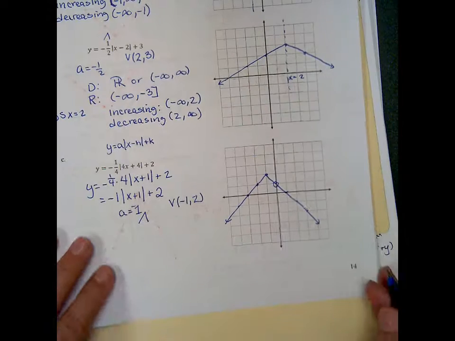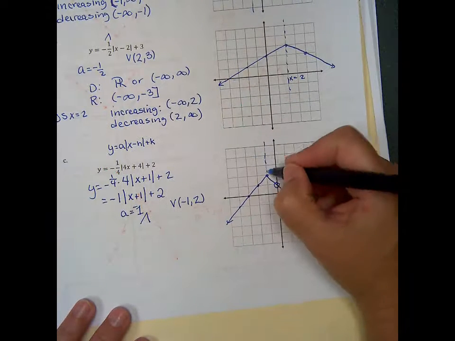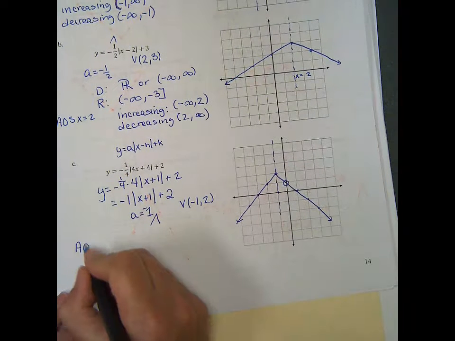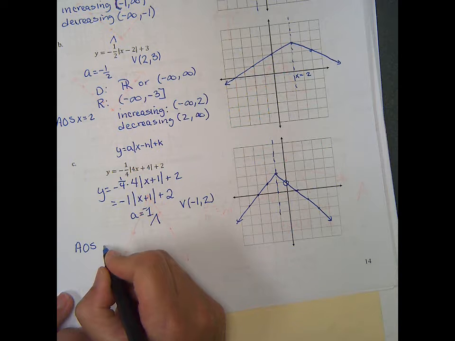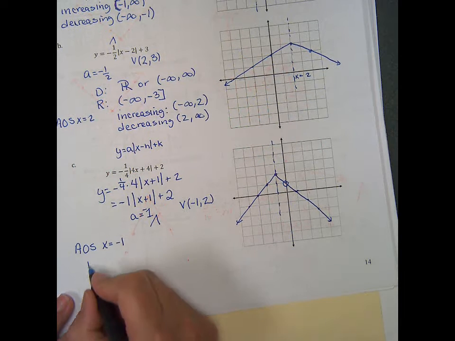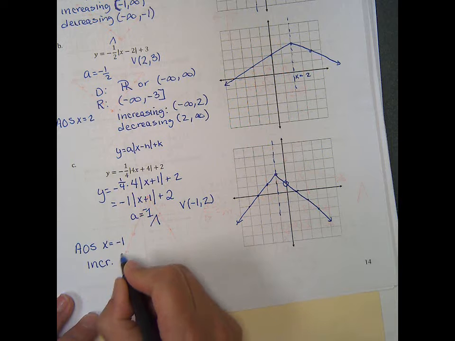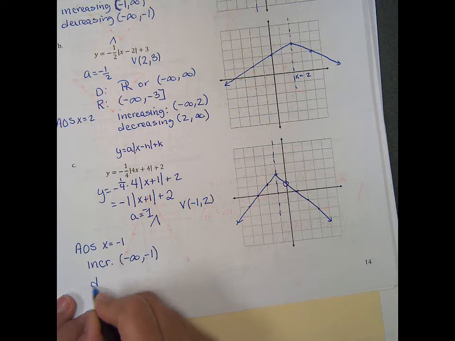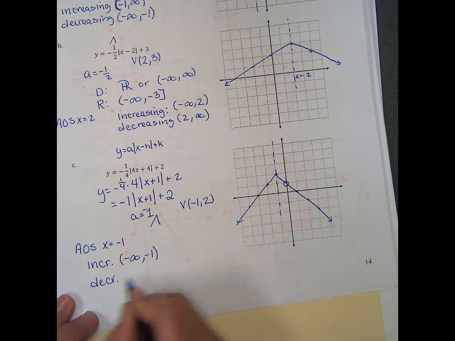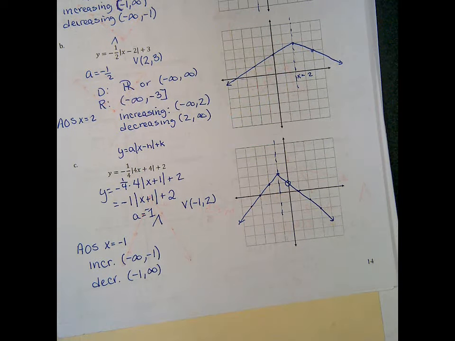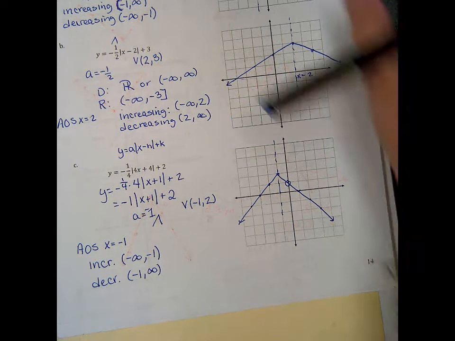And then on this last one, the axis of symmetry is at -1. x equals -1. It's increasing until we get to -1, so negative infinity to -1, and it's decreasing from -1 to infinity.